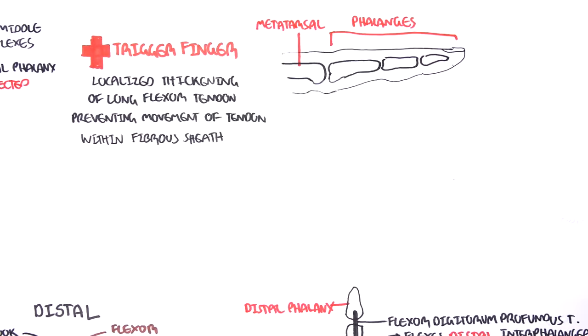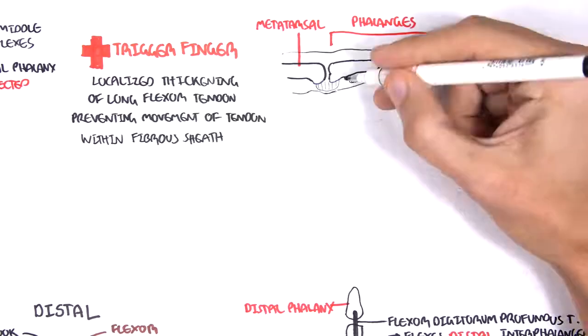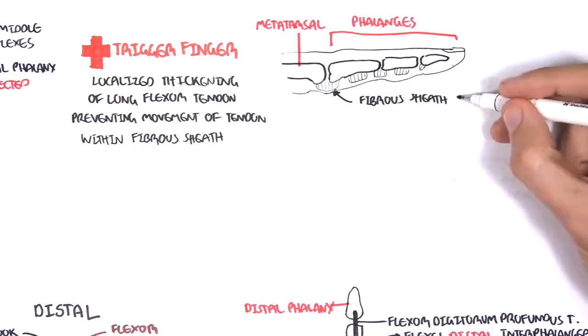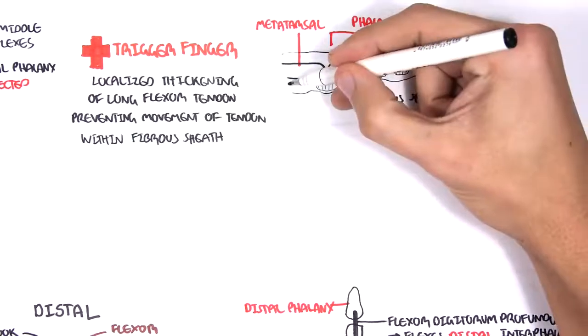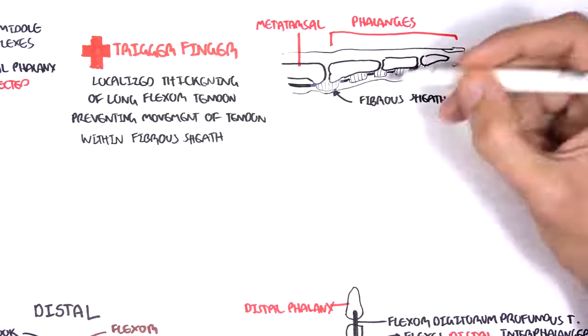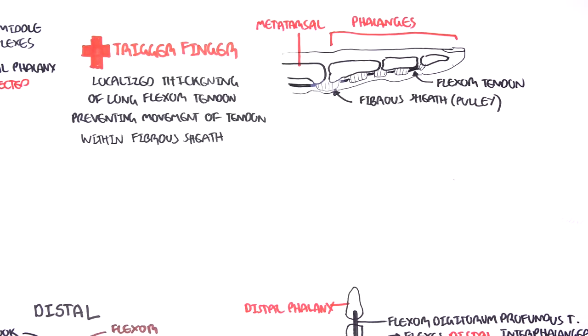Now, in this diagram, it's also important to know that we have these fibrous sheaths running on the palmar surface of your fingers. And these fibrous sheaths act as a pulley. Under it is the flexor tendon. So the flexor tendon runs under the fibrous sheath.